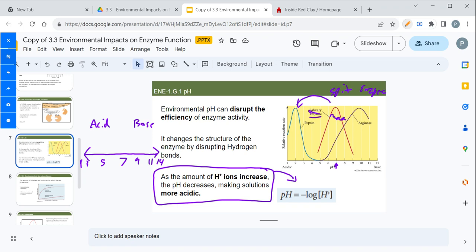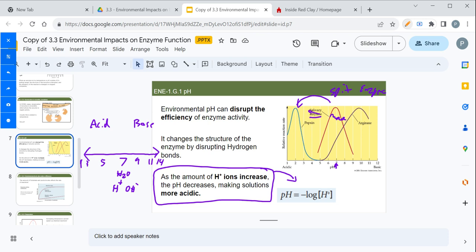Now, when it comes to neutrality, your neutral molecule is going to be water. What's important about water is that if we wanted to break it down into ions, if you follow the logic here, I can break it down to a hydrogen ion and a hydroxide ion. So if you add the H+ and the OH-, we would get an H2O molecule.